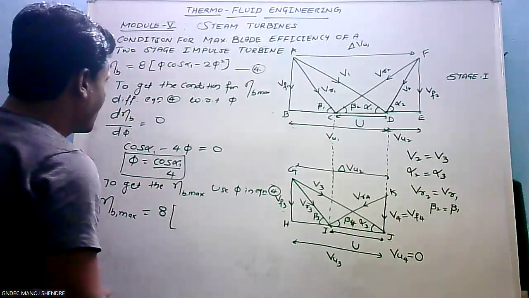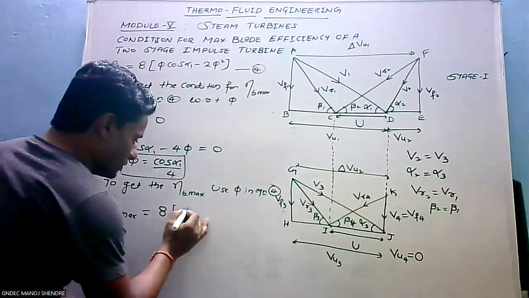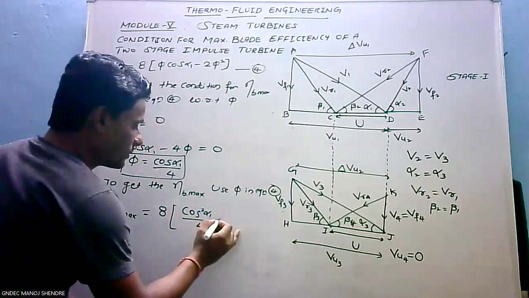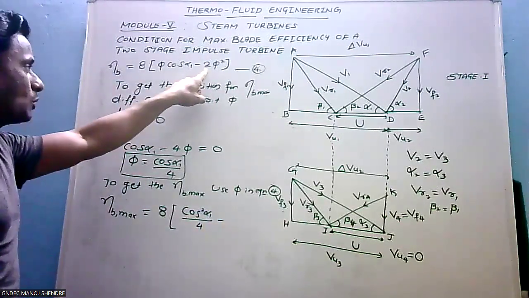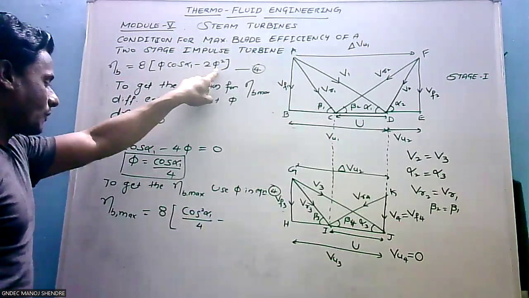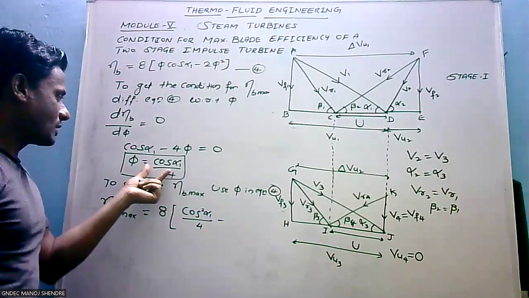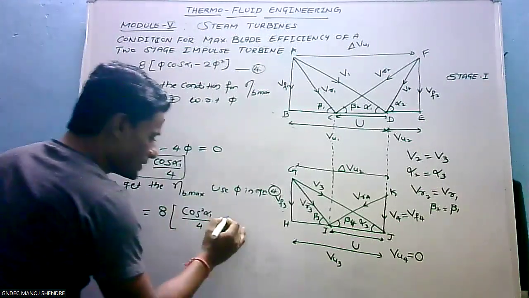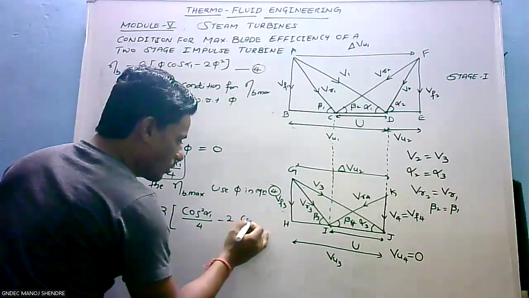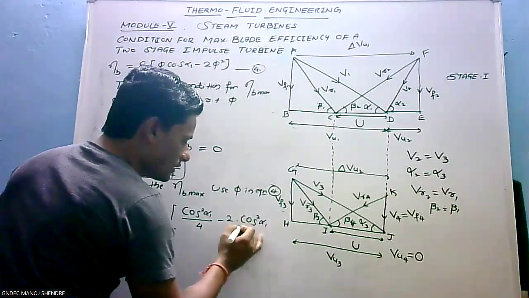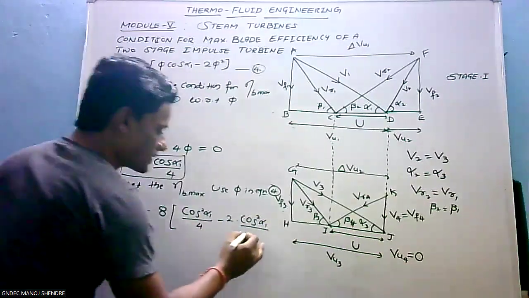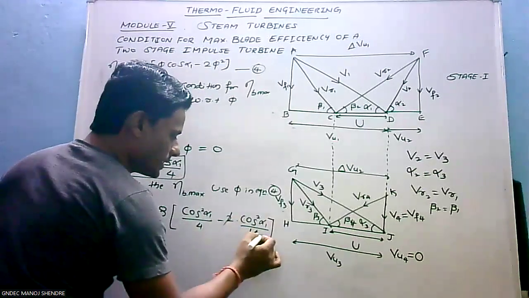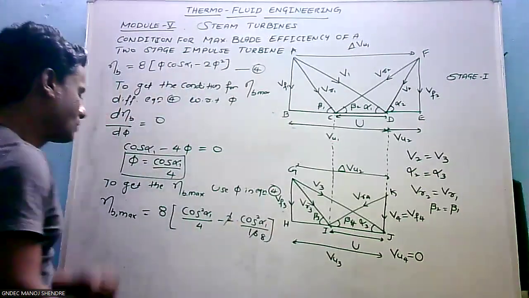It is cos square alpha 1 by 4, minus 2 as it is into phi square, which is cos square alpha 1 divided by 16. 4 4s are 16. So 2 1s are 2, 8s are 2, 1s are 2, 8s are.